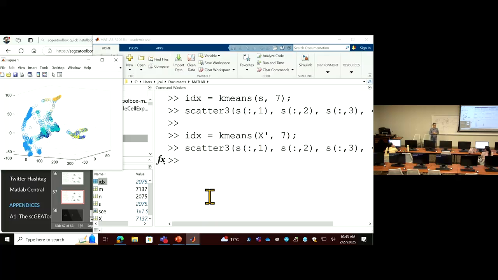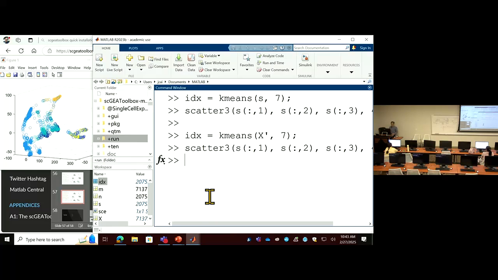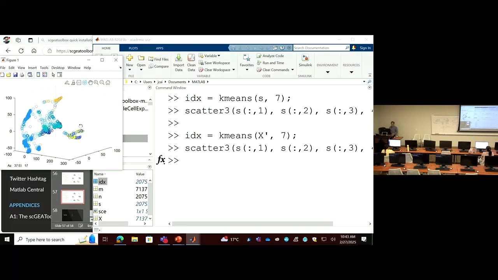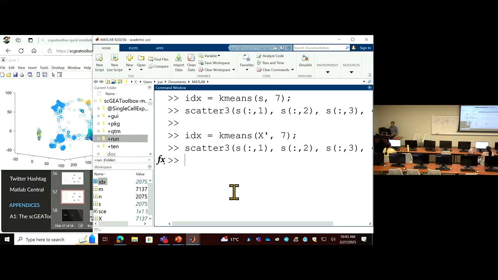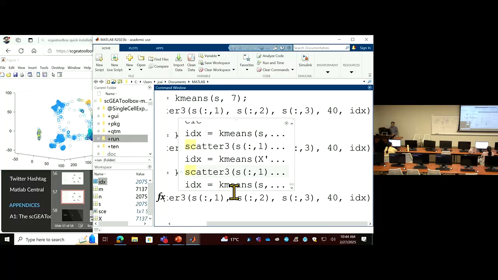That's why I gave you the results, which look not as good as we expected. Okay, so in this case, we will keep using the embedding to do the clustering.